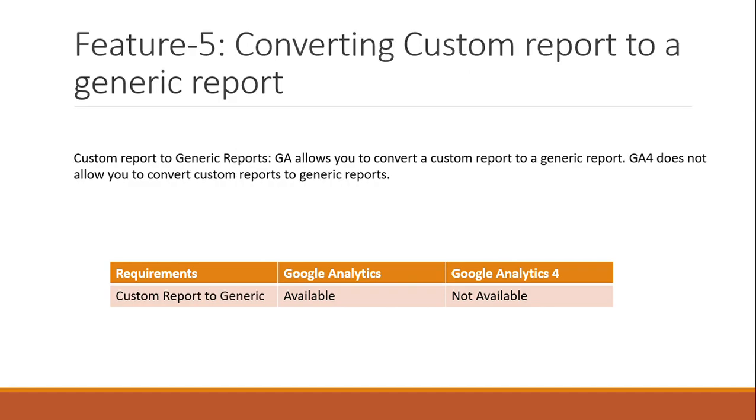Coming to custom reports, now we can create a lot of exploration reports in GA4. But what is the difference? Whenever we create a custom report, we are not able to convert it into a generic report. In GA, if we save that report, it is stored as a standard report in the same UI.